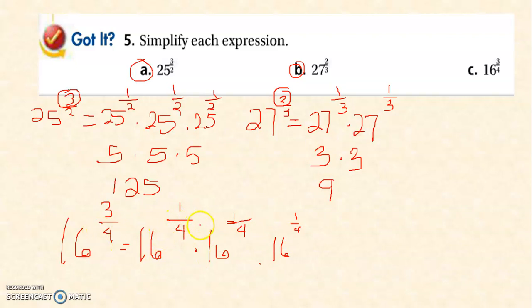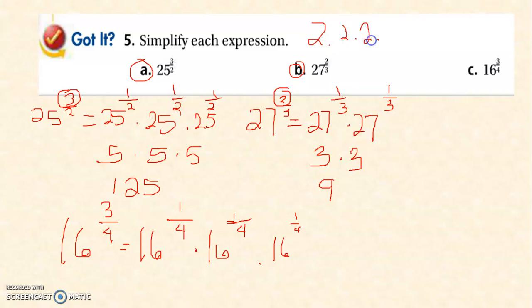Okay. Our denominator, what is the value of 16 raised to 1/4? Our denominator here is 4. Okay, so what are we going to do? You need to think of a number wherein if you're going to multiply it 4 times by itself, the outcome is 16. Okay, can we try 2? 2 times 2, that is 4.